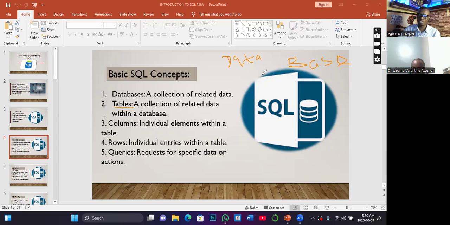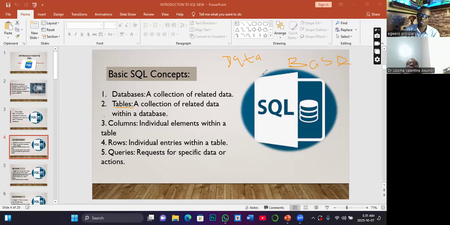A table is a structure which is used to hold the values, the records, in a database. Like I mentioned before, you cannot store these values or records directly in any database. You have to use a table to store them within that database.